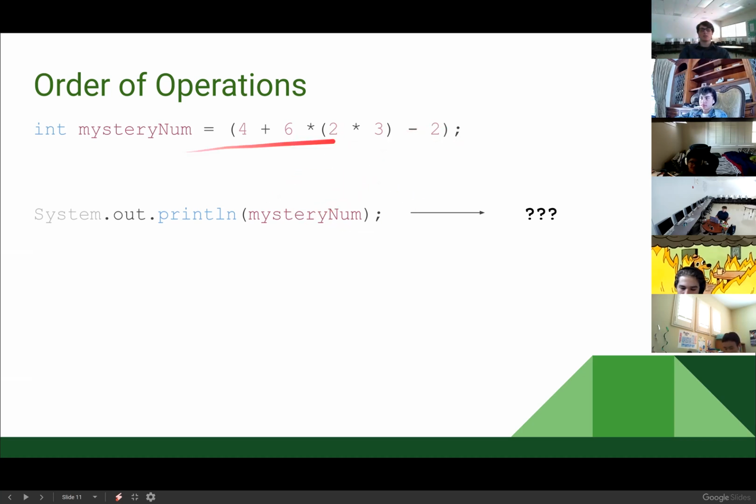What is the first operation that's going to happen here? Parentheses, 2 times 3. Correct. So the inside of the parentheses, 2 times 3, is going to happen first. 2 times 3 is 6. What is next in our order of operations?